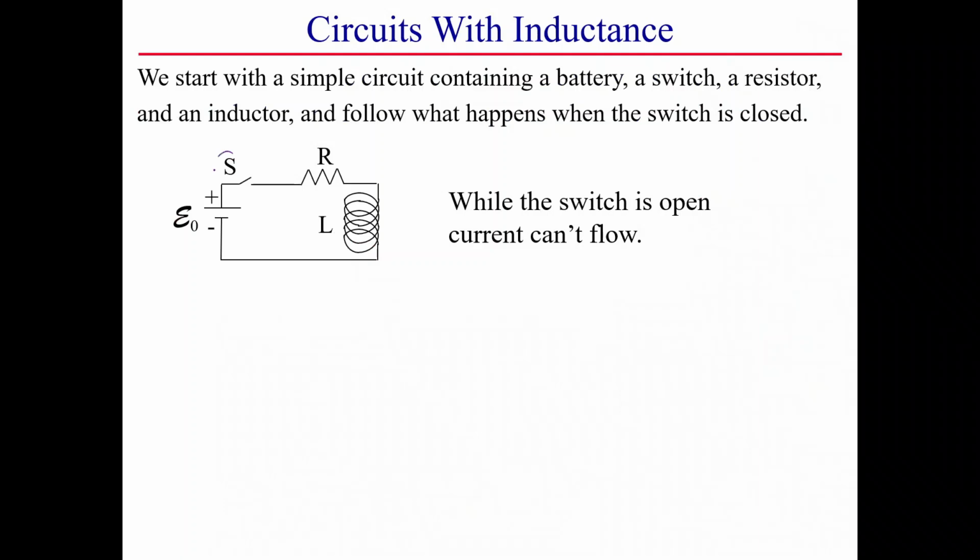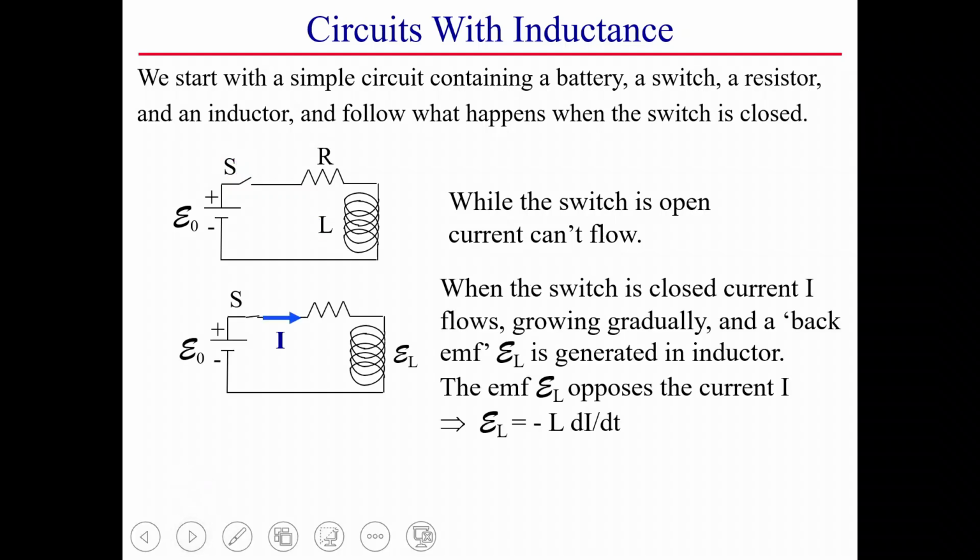So we're going to have a switch, and we're going to assume that while that switch is open, absolutely no current can flow. So we've got E0 we're going to use for our EMF source because we can get a back EMF, so it can get a little complicated when you're talking about it. So we've got our inductor L and our resistor R. So then what's going to happen is we're going to close the switch.